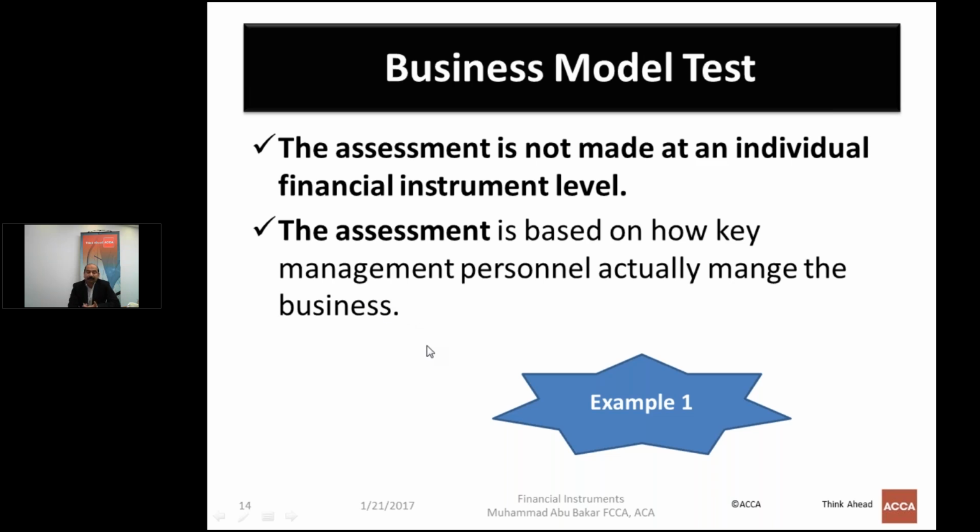See, an entity may have more than one business model for managing its financial asset, and the classification need not be determined at the reporting entity level. For example, it may have one portfolio of investment that it manages with the objective of collecting contractual cash flows, and another portfolio of investments held with the objective of trading to realize changes in fair value.